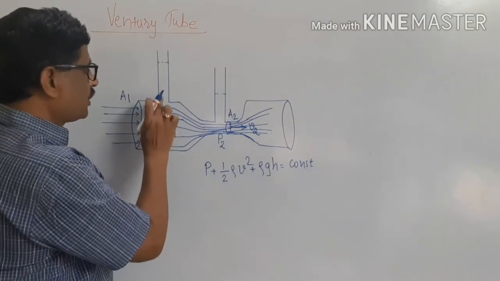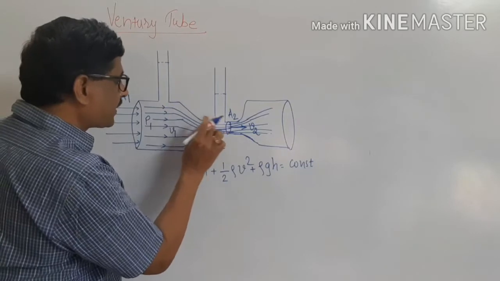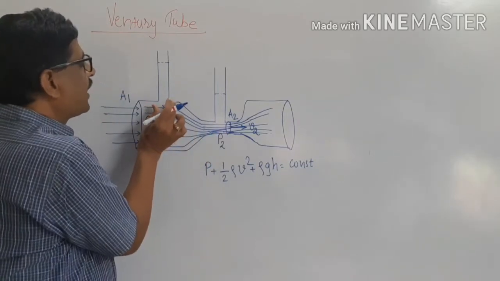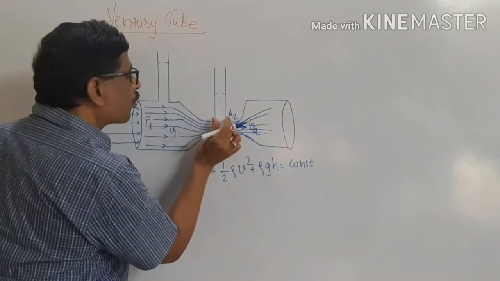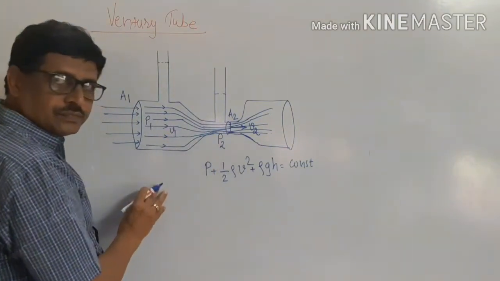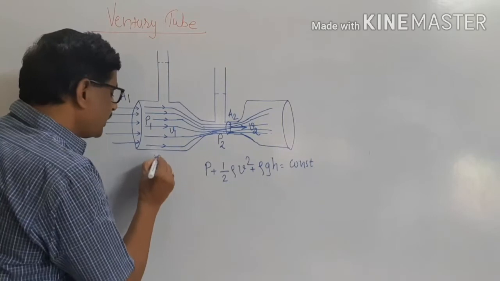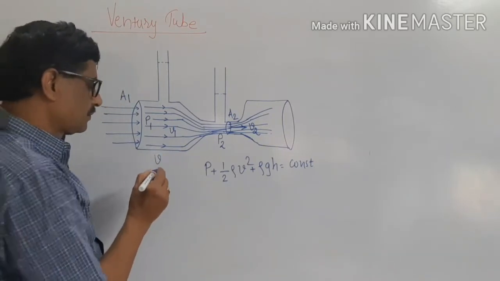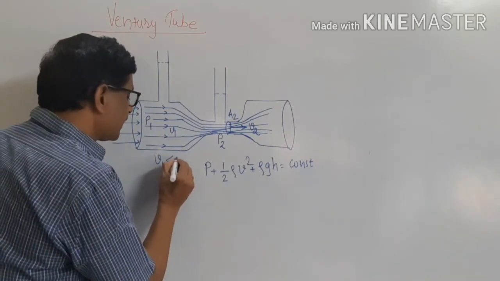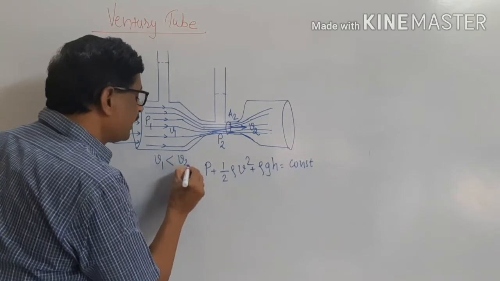Now, there are two tubes connected to a wider area of the tube and a narrower area of the tube. Here, the velocity v1 is less than the velocity v2.